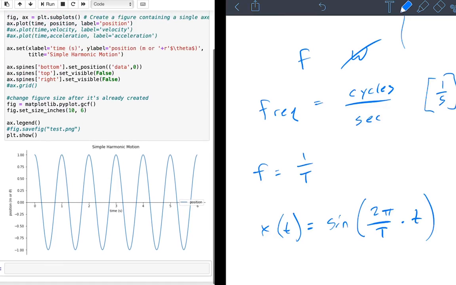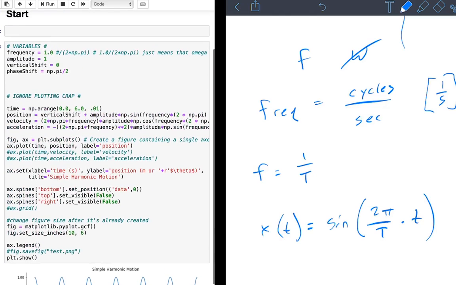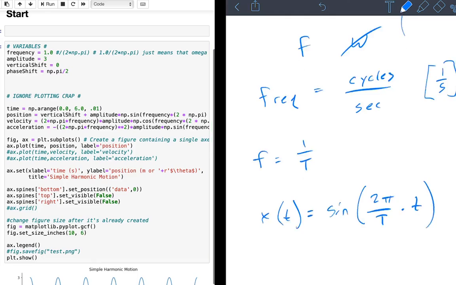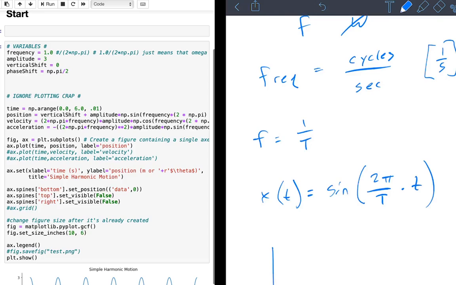Okay, so let's start with the simplest one first. If we change our amplitude, so it's at 1 right now, change our amplitude to 3. That means we have our equilibrium right here, and we stretch it to an amplitude of 3. That's what we're going to start out with.